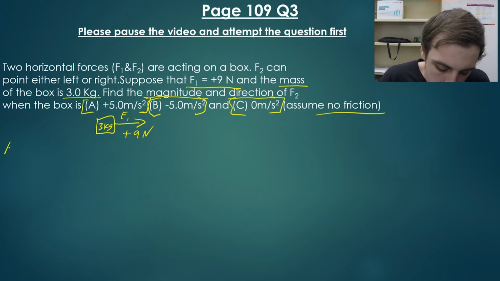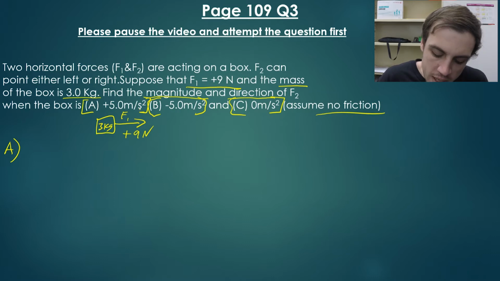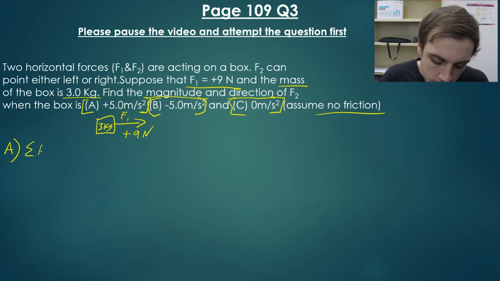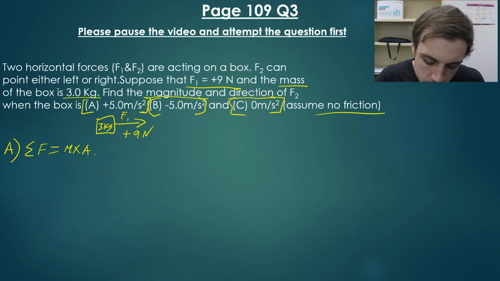For A, we have an acceleration of 5 meters per second squared. So what we do is we go, the sum of forces is equal to mass times acceleration.